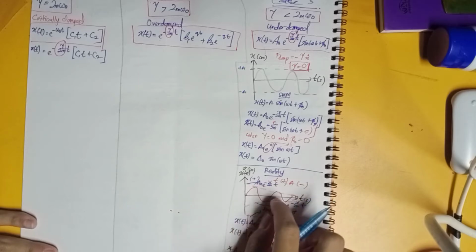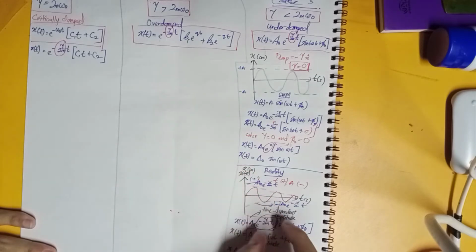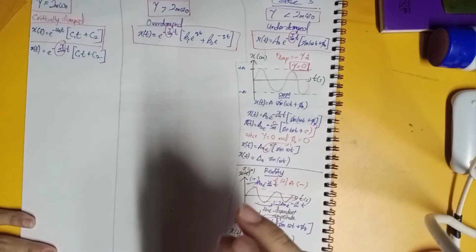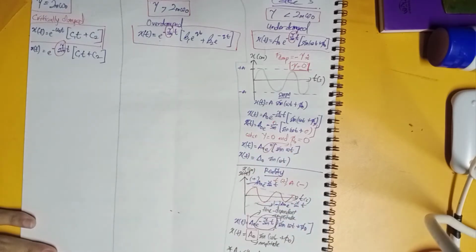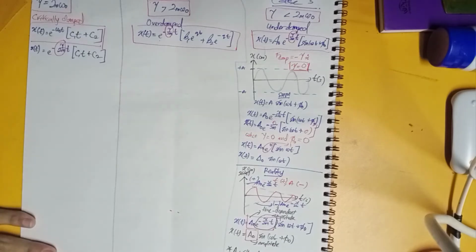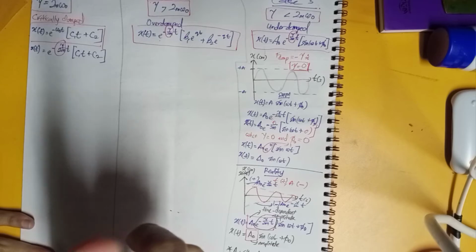So they have both sides here. We have the time dependent amplitude on the right side, and we have the time dependent amplitude on the opposite side here. So this is what happens when the system is underdamped. I will give you an example of the pendulum, a simple pendulum.